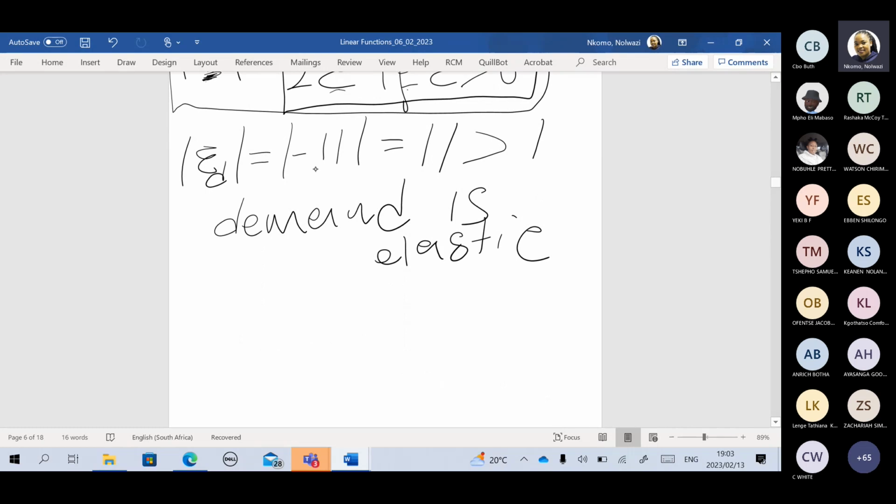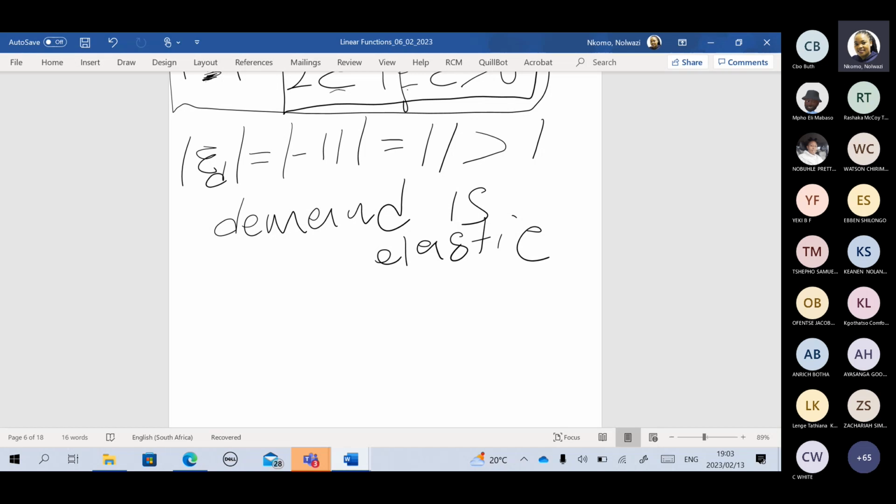And the absolute value of minus 11 is equal to 11. Now you have to state whether it's elastic or inelastic. Okay, this does have marks too, right? So the next step, we interpret it, and in this case, we said the demand is elastic.